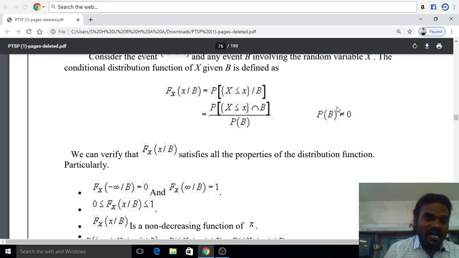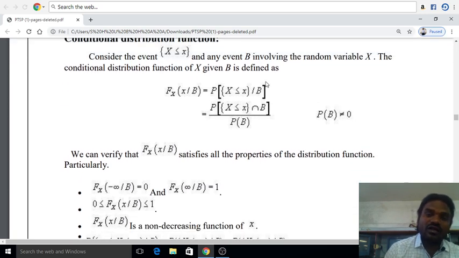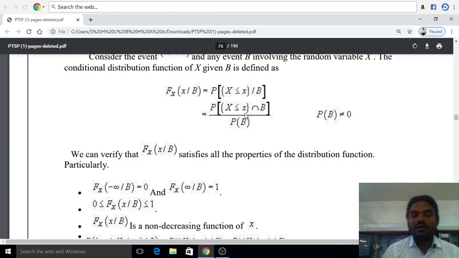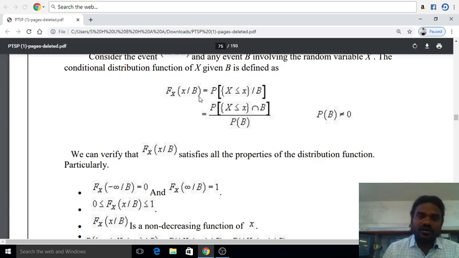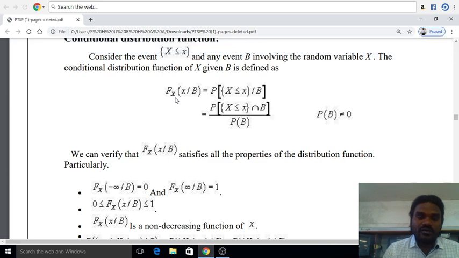If the probability of b equals 0, we can't define this distribution function. So the conditional distribution is given by Fx(x|b).